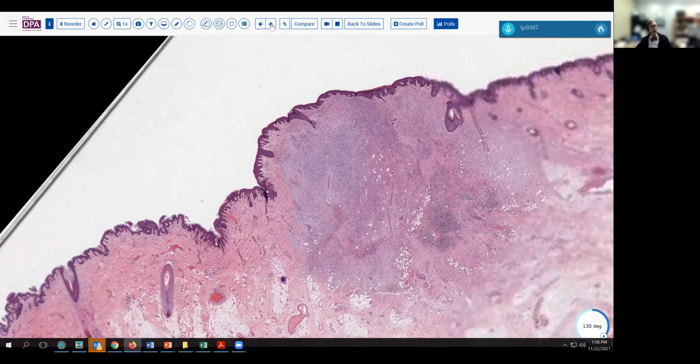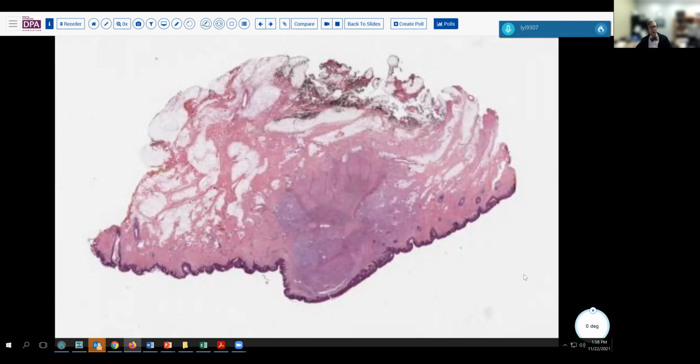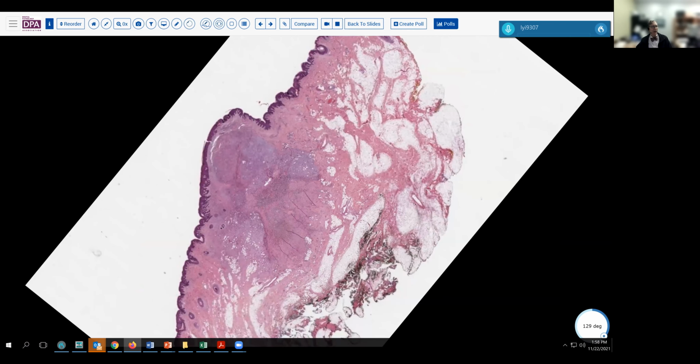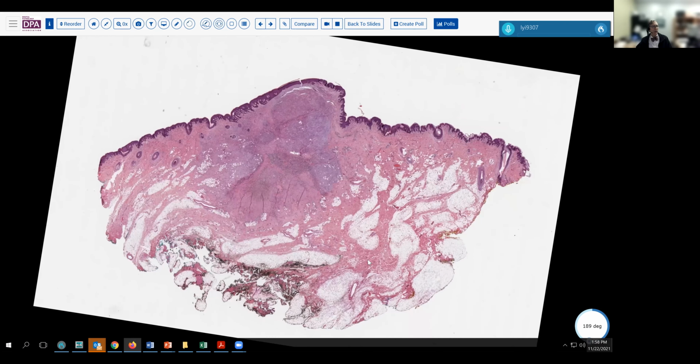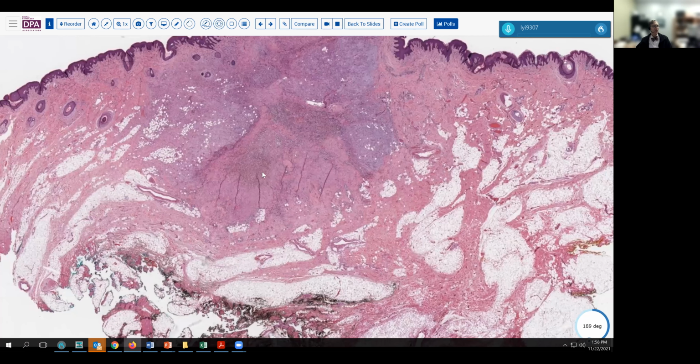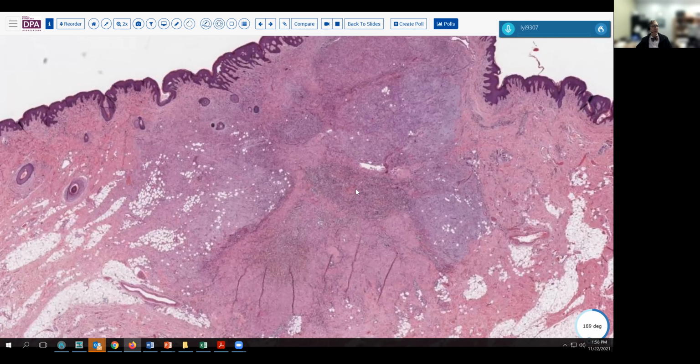I think I have one more slide of this here in the deck to show you, just to let you see another example of this or another view of this, and to contrast this in this situation with the post-biopsy changes, which are here central. You can see here is where the biopsy has come from.